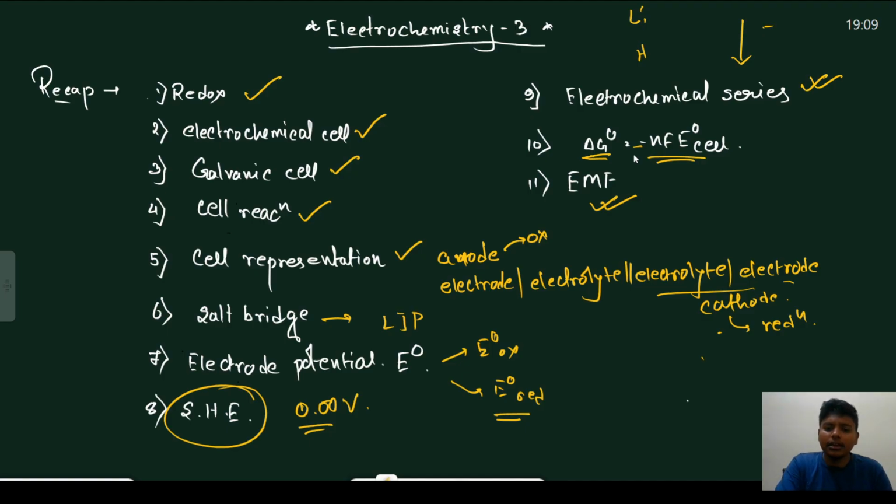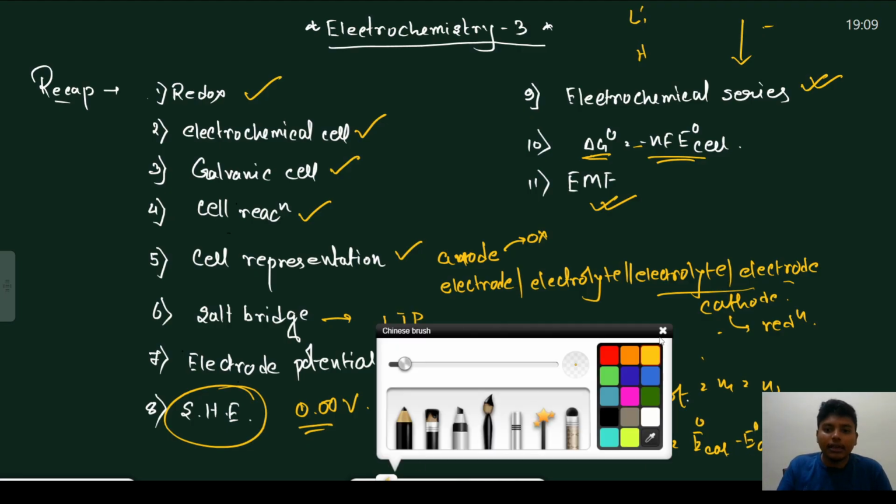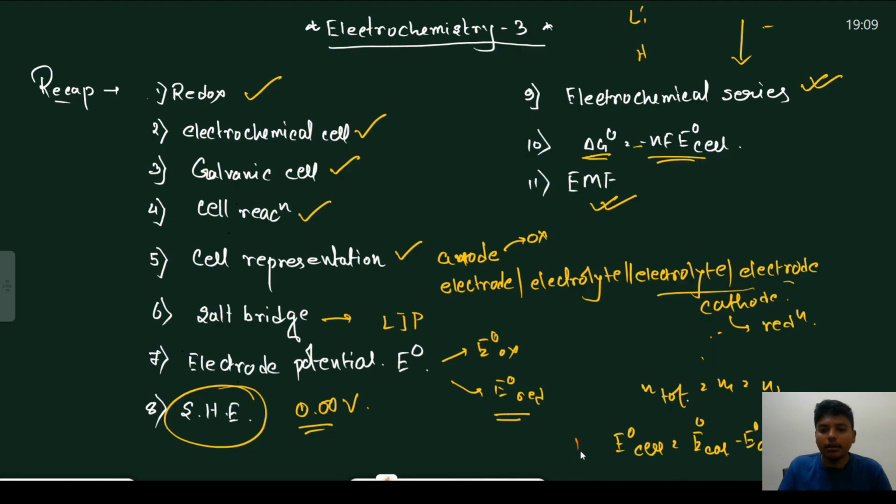I told you, when the n value, the number of electrons in total, is the same in oxidation and in reduction, then only we can write E naught cell is equal to E of cathode minus E of anode, right? If not, then just multiply it with the n value. N total is equal to n1 of the cathode plus n2 of the anode.